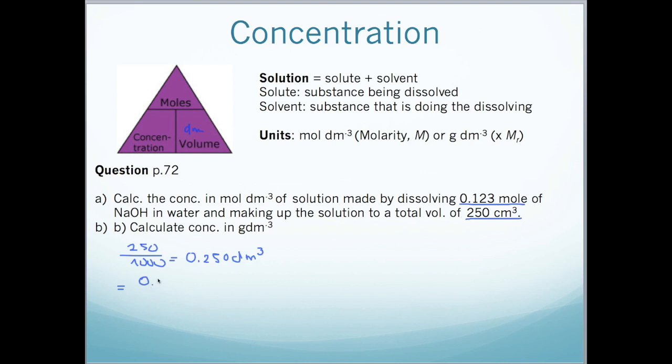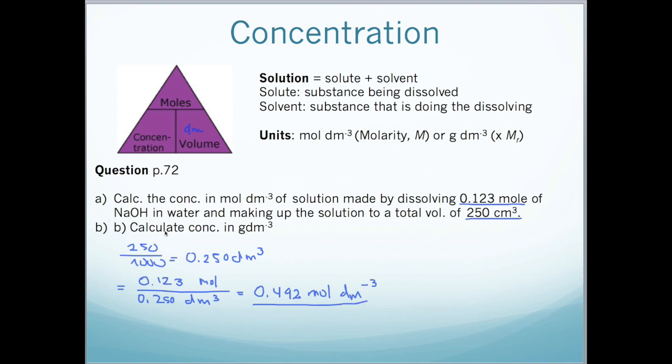So 0.123 mole, I'll keep the units just so we can see how they cancel out, divided by 0.250 decimeters cubed, which gives us 0.492, and these don't cancel out, so it's moles per decimeter. We have to put -3 because it is at the bottom of this. So that's our concentration that we worked out.